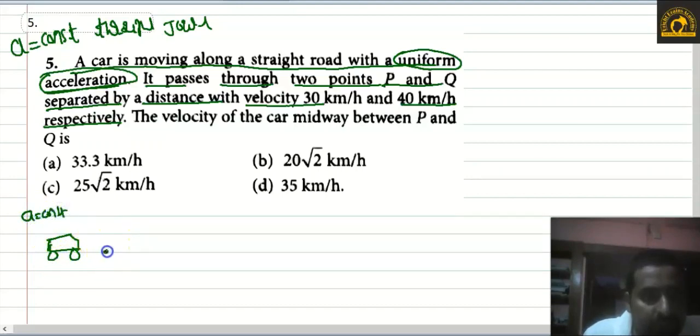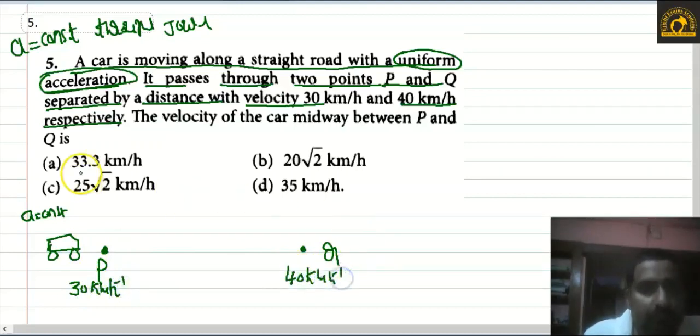It passes through two points P and Q, separated by a distance, with velocities 30 km per hour and 40 km per hour respectively.